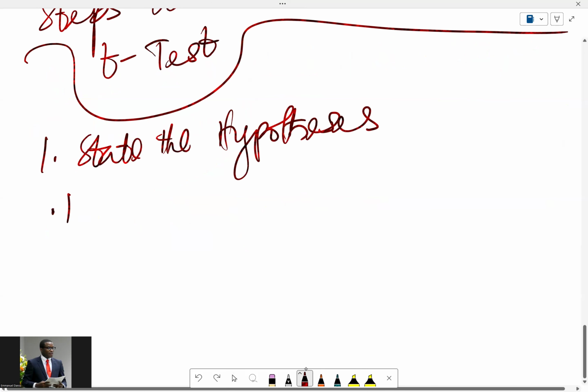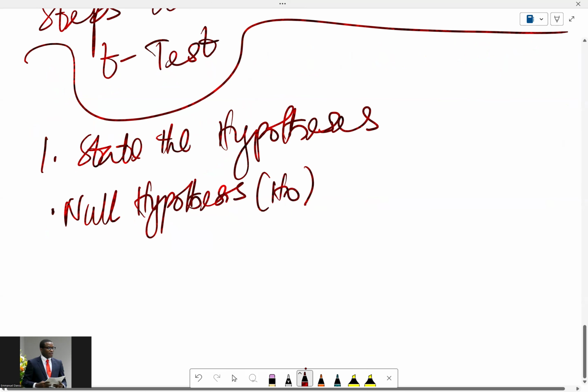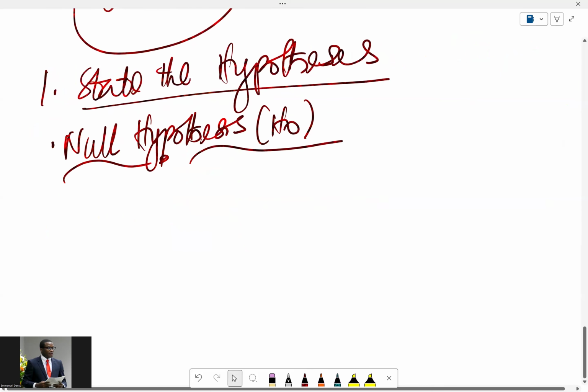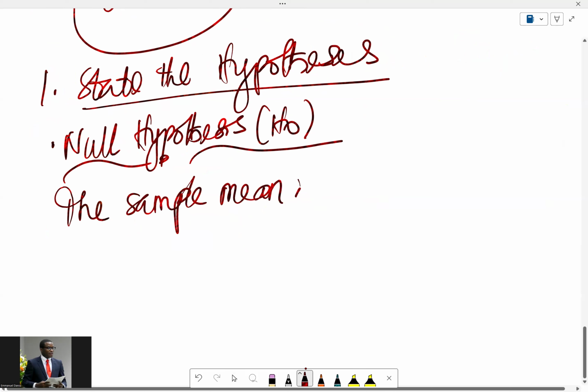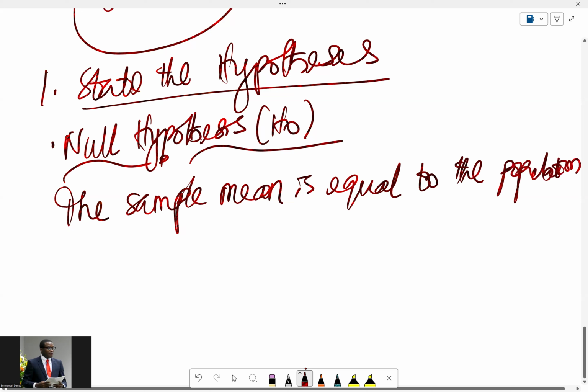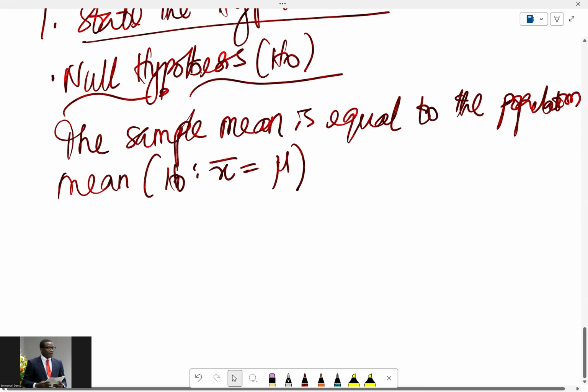So okay, let me just write it in full. Null hypothesis, or H naught. So this is simple. You just say that the sample mean is equal to the population mean. Or you can say there's no significant difference between the sample mean and the population mean. That's another way to say it. So this is just like saying H naught is such that X bar is equal to mu. Okay, that's the null hypothesis.